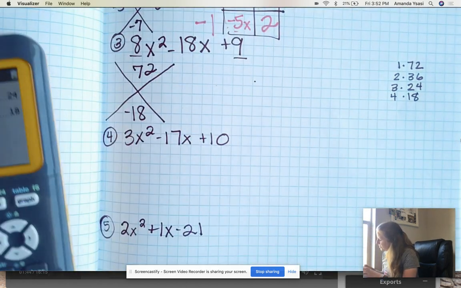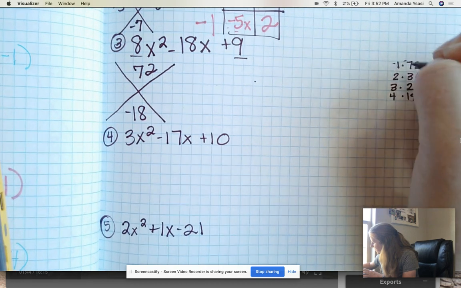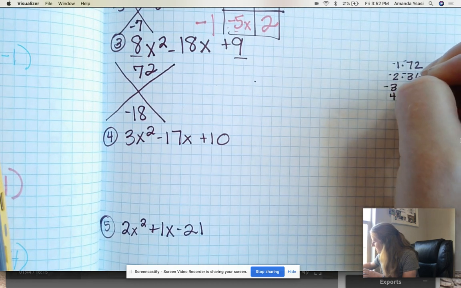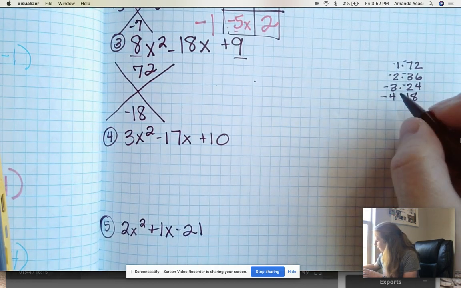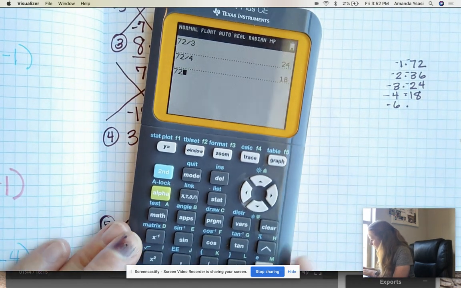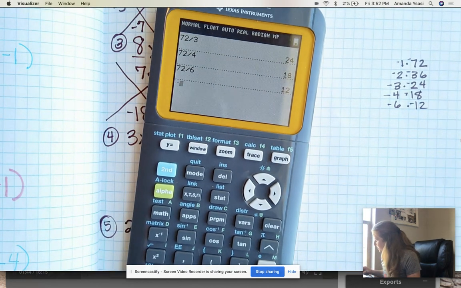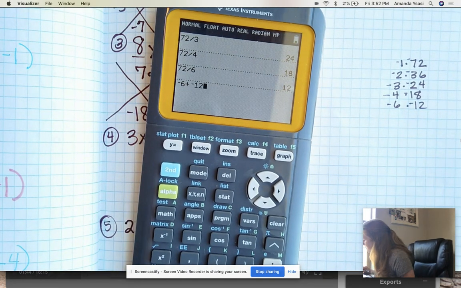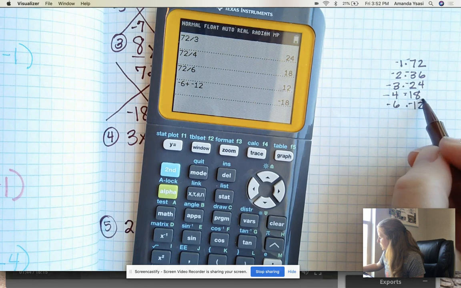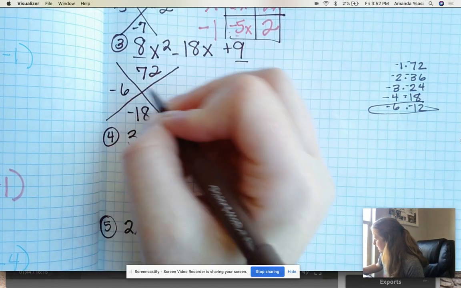Those are not going to add up to get negative 18, because these have to be both negative, actually. So negative, negative. Okay, 5 won't go in, 6 will, so negative 6 times 72 divided by 6, negative 12. And if I add those together, I get negative 18. So that is it. So it is negative 6 and negative 12.